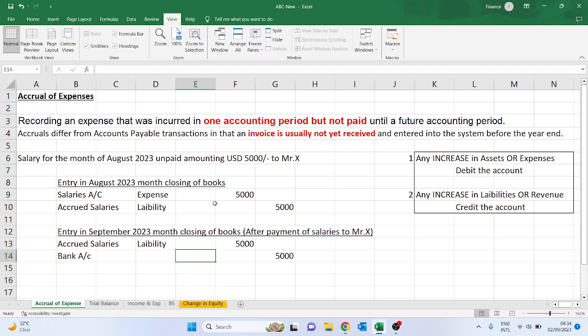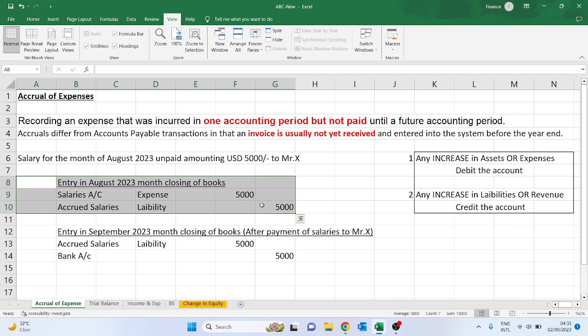Now I think you have understood the basic concept. You only need to check the actual amount payable. So in the month of August we have booked this entry because we know his salary is 5,000.